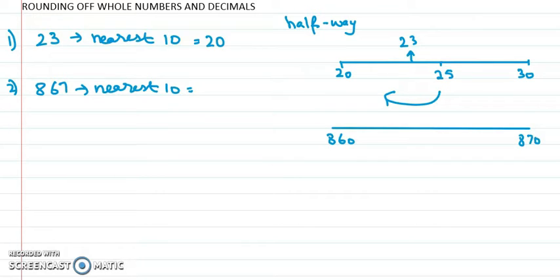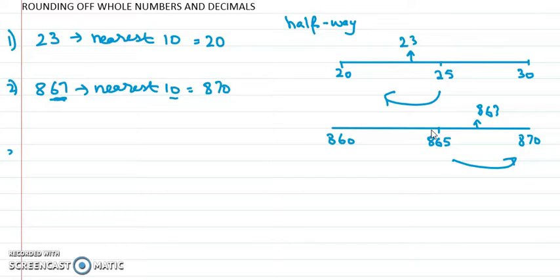Why are we taking it as 860 and 870? Because they have asked us to round to the nearest tens, so we will be working according to the tens of our numbers. So the halfway of them is 865. So the next thing is 867. It is here on the number line, it has crossed the halfway, so our final answer should be 870.